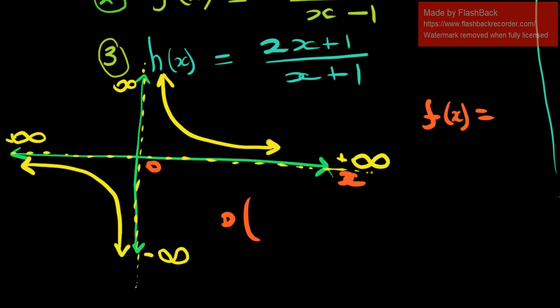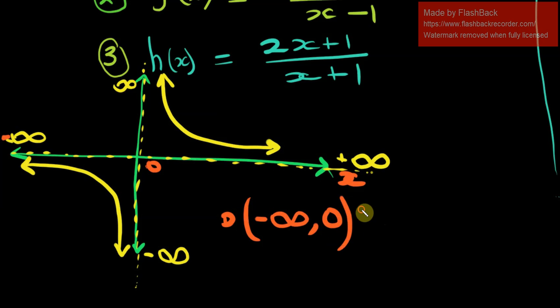So what is the domain of this rational function? The domain is from minus infinity to 0. We need to exclude 0. So union from 0 to positive infinity.